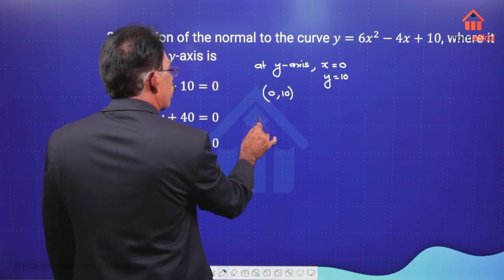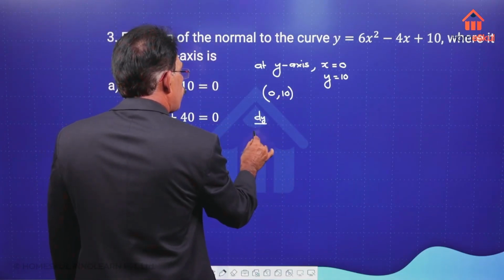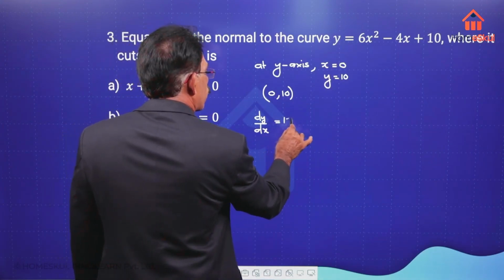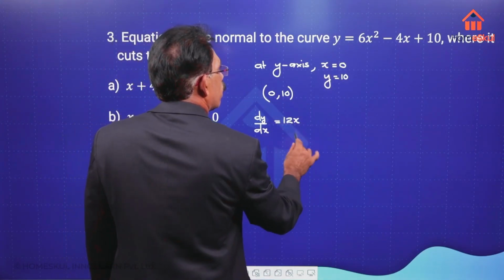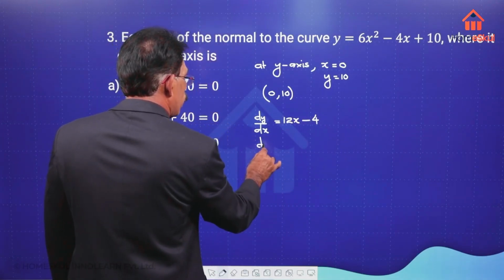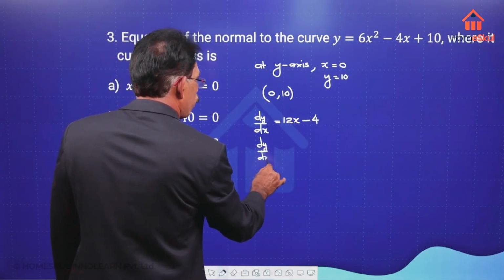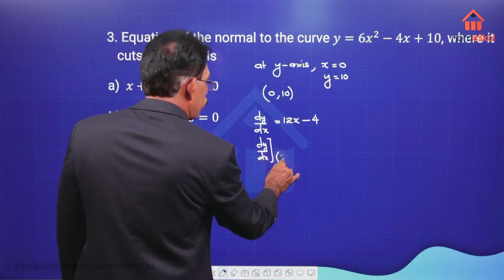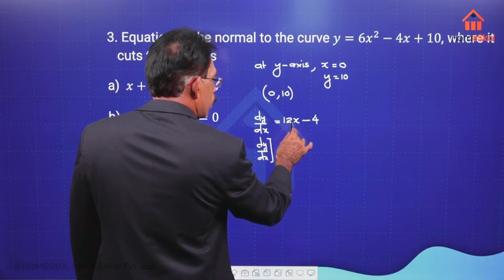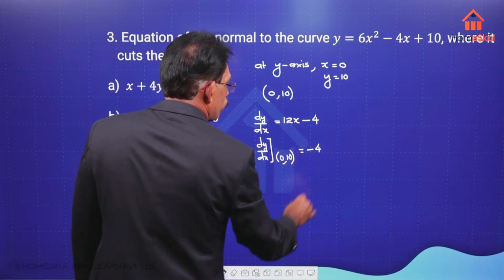dy by dx is the derivative of that equation, that is 12x minus 4. Then dy by dx at the point 0, 10 is 12 times zero minus 4, that is minus 4.